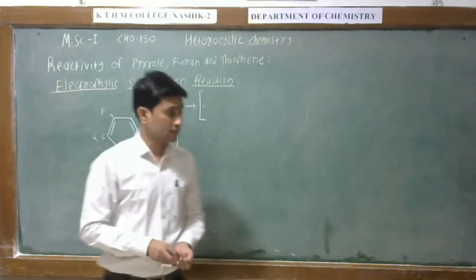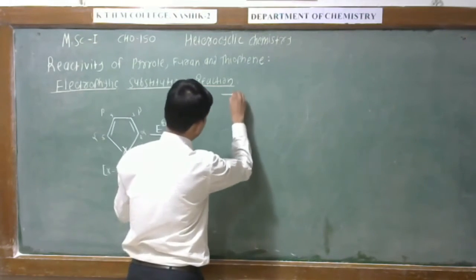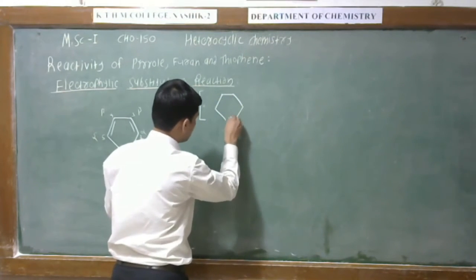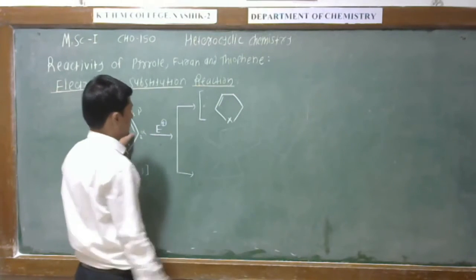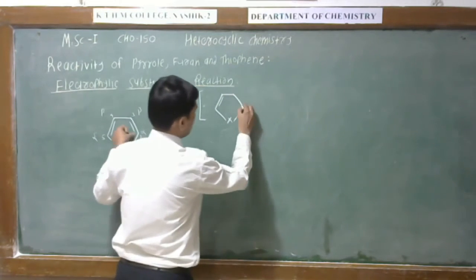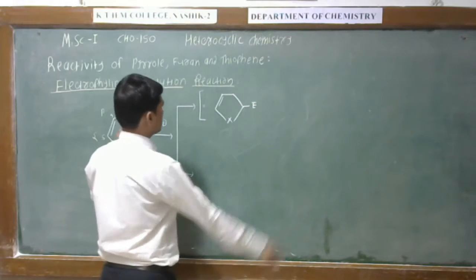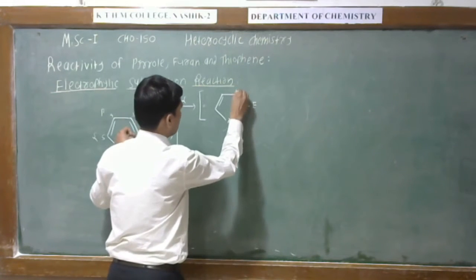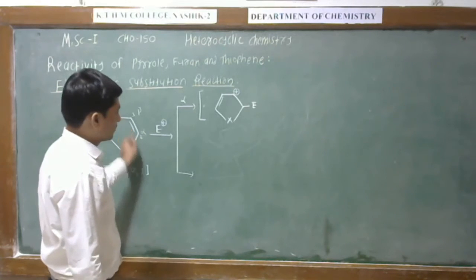Let us first see what happens if the electrophilic substitution takes place at position 2, that is, the alpha position. This double bond remains as it is. The electrophile attaches to the second position, the alpha position, and the positive charge appears at the beta position.